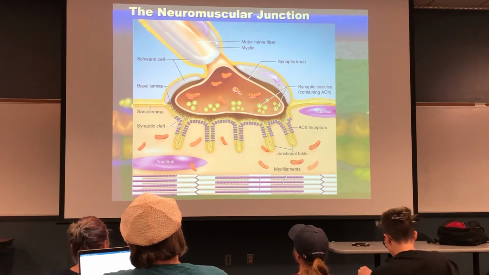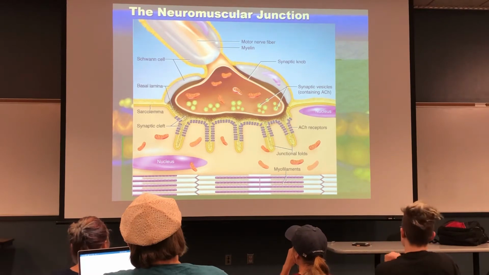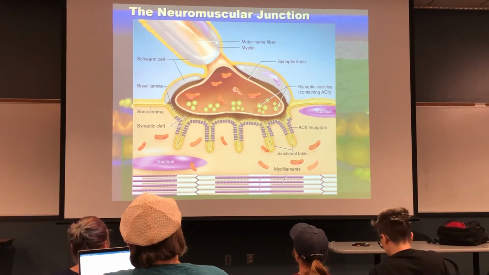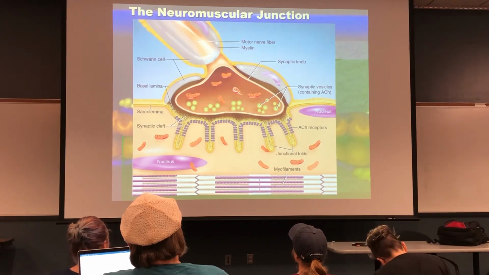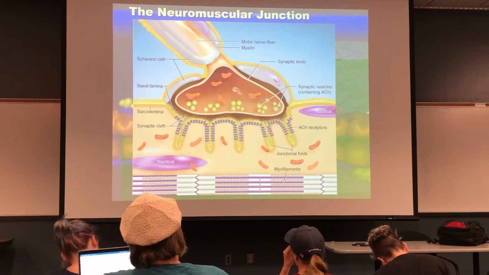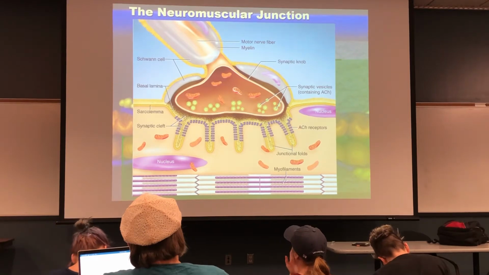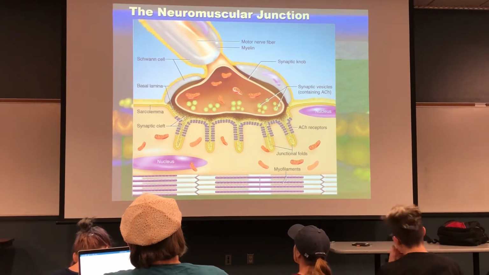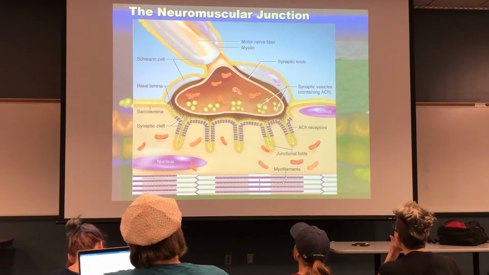Remember, the prefix sarco refers to muscle. So here we have the nerve component. Here we have the muscle component. Let's freeze tag here. Notice the muscle component. We see more than one nucleus. We see very many large mitochondria.